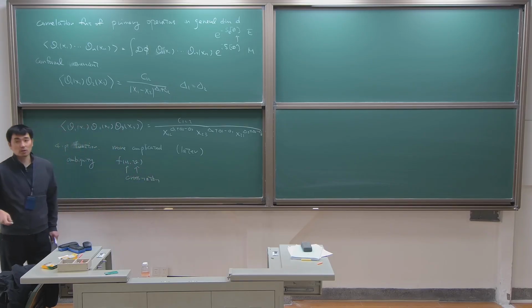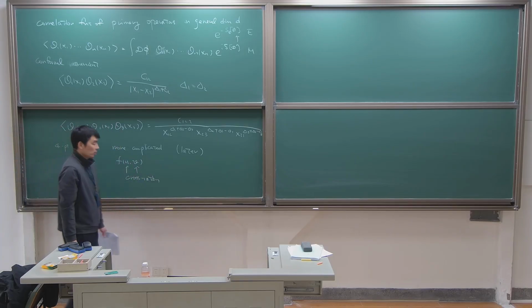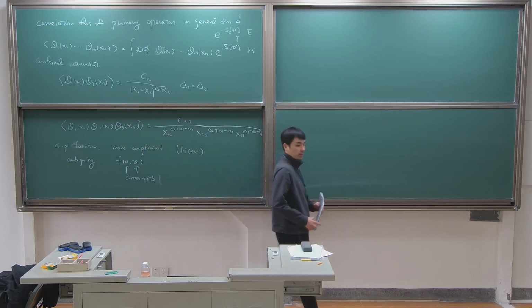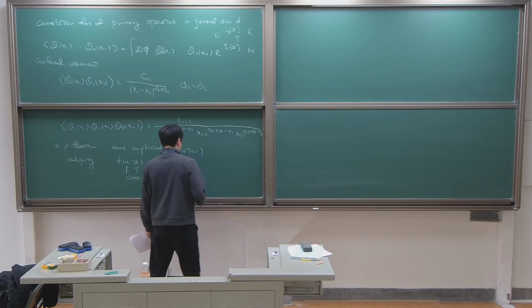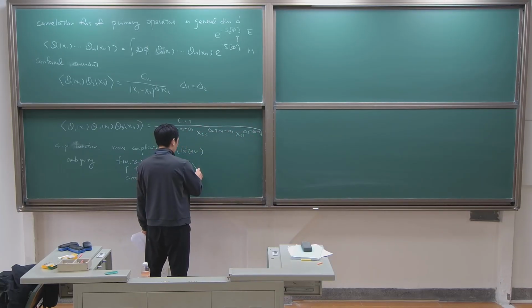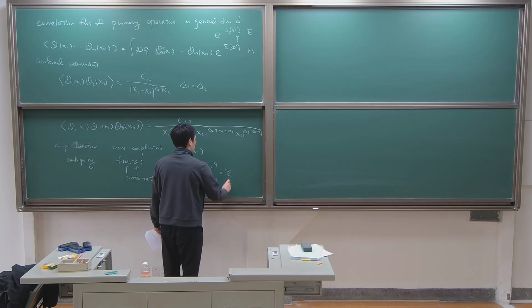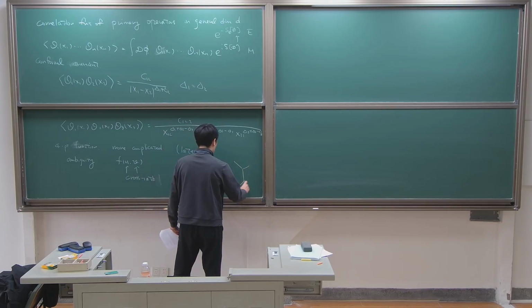The function written in cross ratios is really the ambiguity, which needs to be fixed by the bootstrap and so on. Last time I told you like this, right? Sum over alpha, whatever, 1, 2, 3, 4 is beta. I hope that's what I wrote last time.